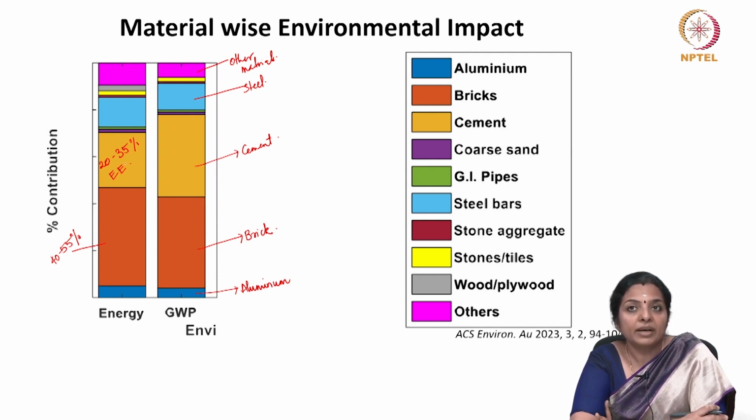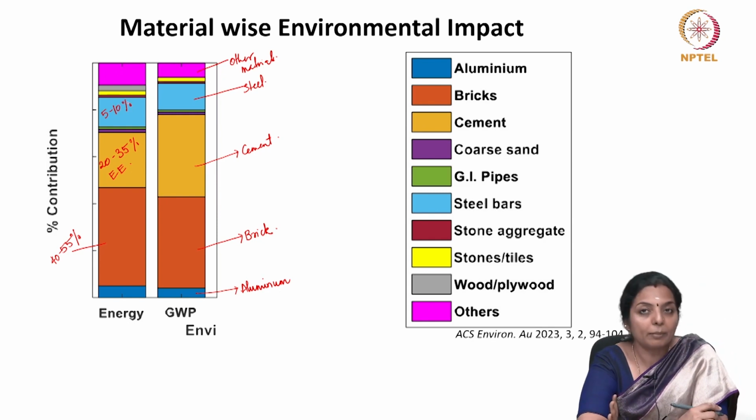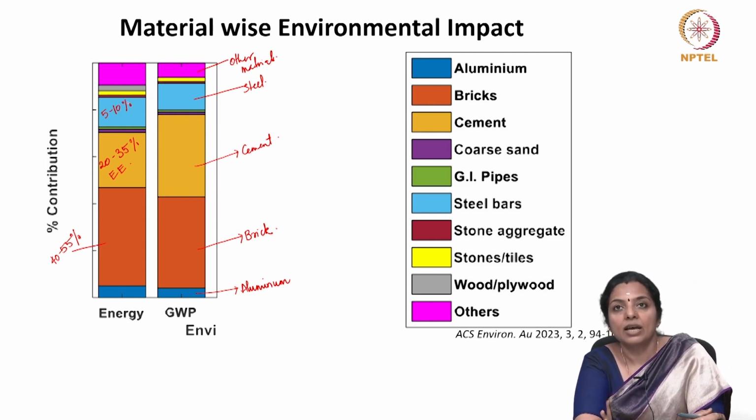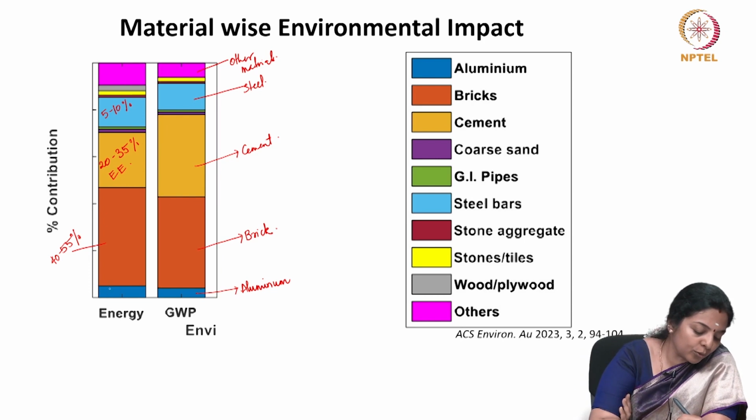Cement is used everywhere in the form of concrete and mortar. So it's a big contributing factor, and steel bars contribute between 5 to 10% of embodied energy emissions, while aluminum sections contribute about 2 to 4%.